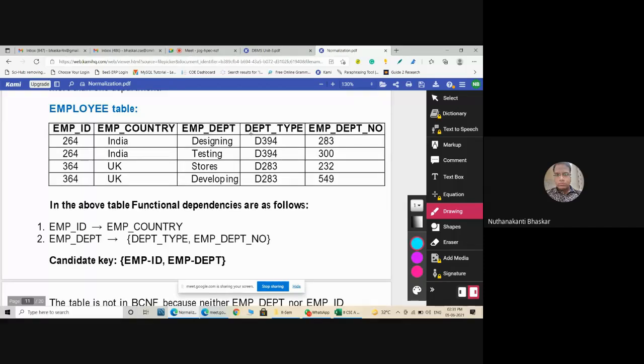And department type and department number are depending on employee department. Yes or no? In the same relation, all the attributes are depending on employee ID. Here, definitely employee ID is the primary key.